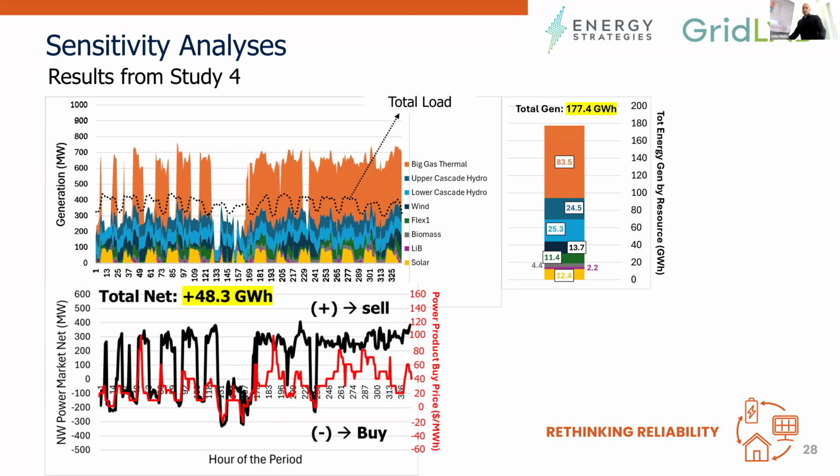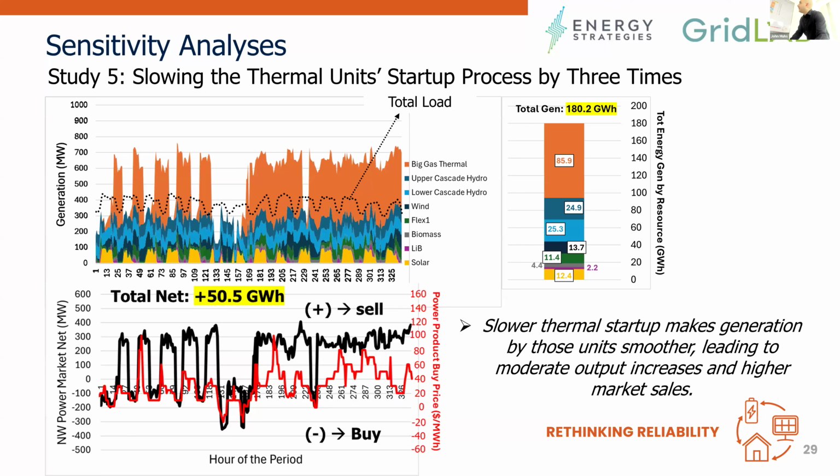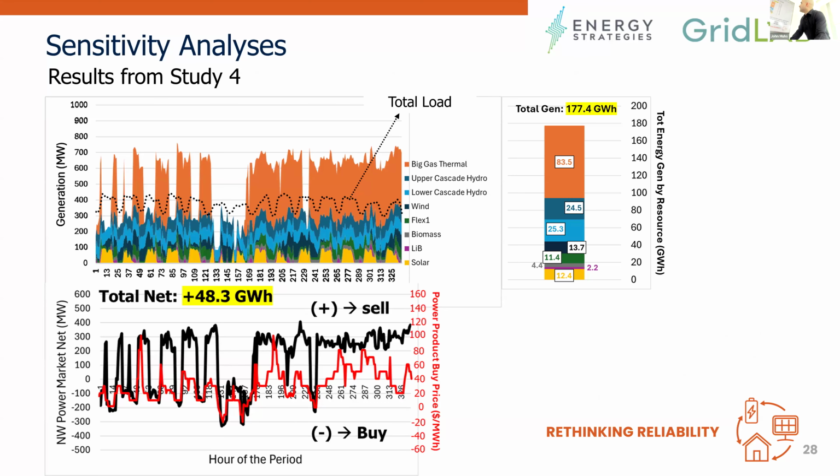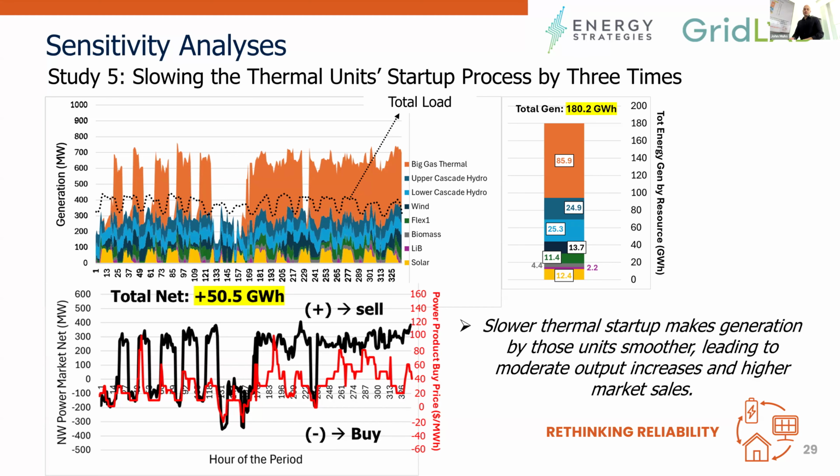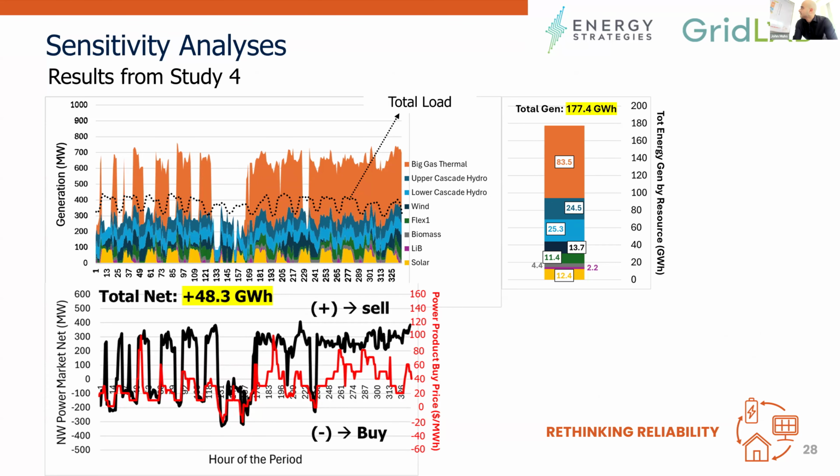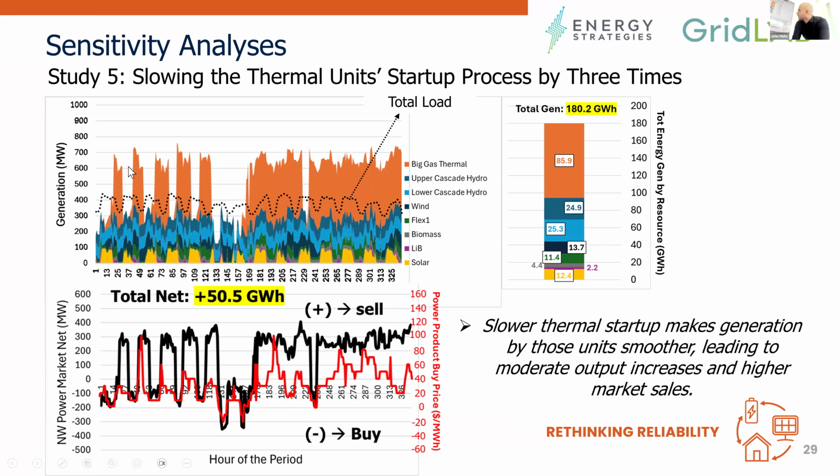So again, this is study 4. If we slow down the thermal startup process, you can see we have more generation from the thermal units. But one change that you can see, for example in this portion, is that we don't see these spikes in the thermal units generation because it's slower to start the units.